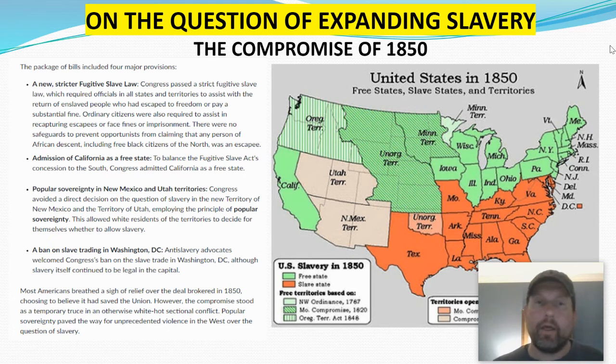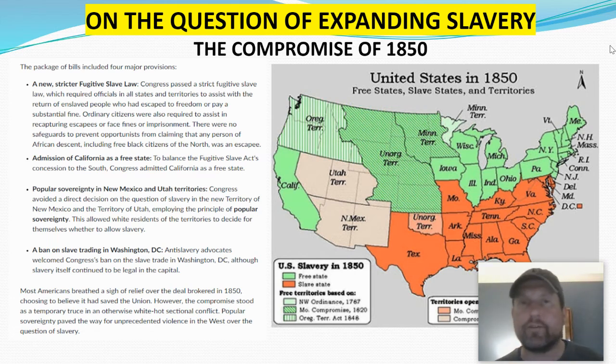There is a bone thrown to the North a little bit on the banning of the slave trade in Washington, D.C. It doesn't outlaw slavery in the nation's capital, but it does outlaw the slave trade, to actually buy and sell slaves in Washington, D.C. So it's kind of sort of a bone to the North, and kind of sort of allows slavery to exist for the South.